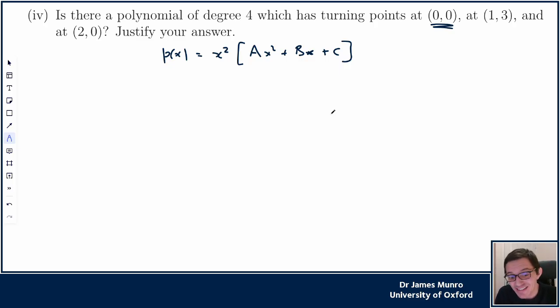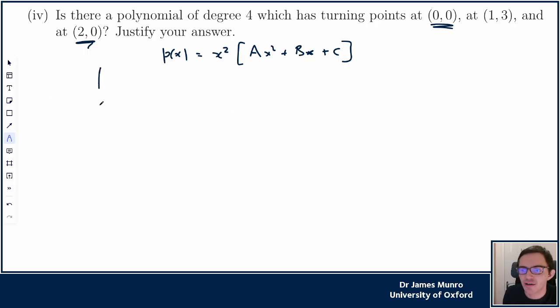So I'm going to try and do a different method where I use part 3 instead. To do that, I'm also going to notice that (2, 0) is also on the x-axis. The previous part of the question was all about having 2 turning points on the x-axis. Of course, in the previous part of the question they were at (a, 0) and (minus a, 0), and this time that's not what's going on, but we can translate. Remember the second part of this question, we can translate around.